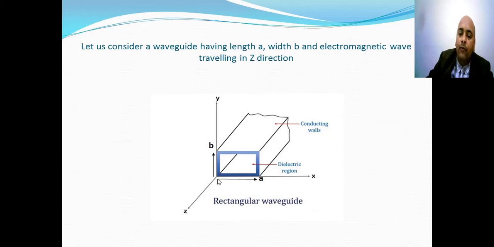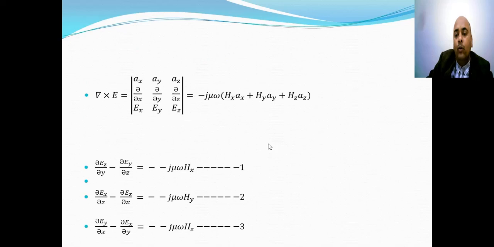Similarly, for x equal to 0 and x equal to a, the surface lies in the yz plane, so Ey as well as Ez will be 0 at x equal to 0 as well as at x equal to a.